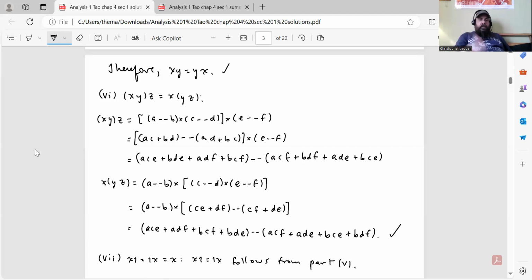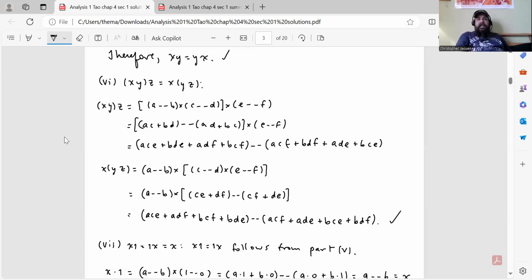So you just again show that x times y times z is the same integer as x times y times z, and that shows that the order that you do the multiplication, whether you do x times y first and then z, or y times z first and then times x, doesn't matter. But I won't go through it in detail. You could read the proof here if you want to. Like I said, he does it in the section 4.1 itself.